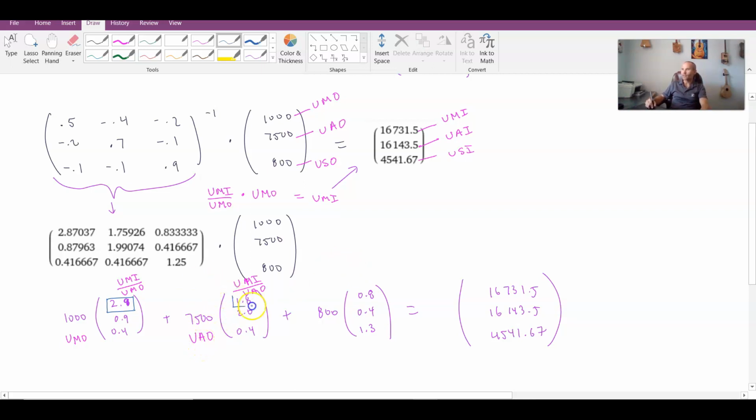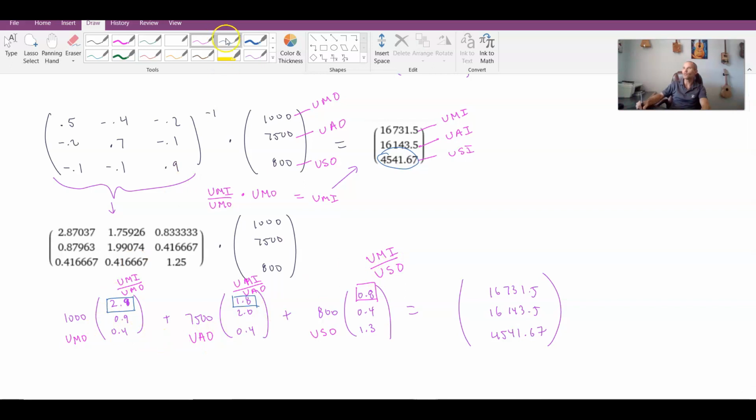Agriculture requires nearly 2 units of manufacturing input, and services doesn't really consume much of anything, which makes sense, since that's why we get these low figures here. But again, we could say that 800 is the units of services output, and this would mean right here that we would need 0.8 units of manufacturing input for 1 unit of services output.